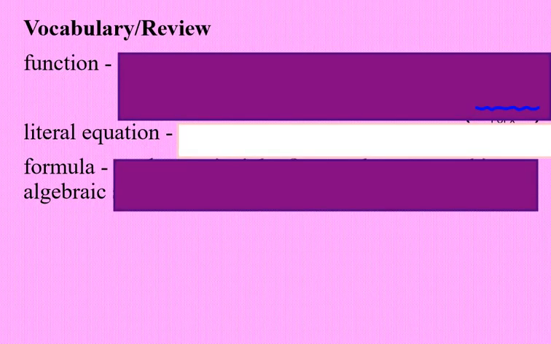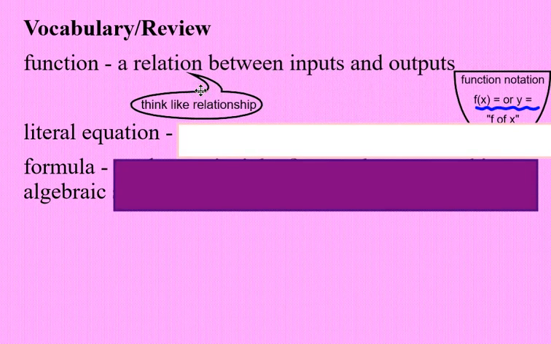First, some vocabulary review. A function is a relationship between inputs and outputs where each input has exactly one output. Remember, it's a special type of relationship. And function notation is written like over here, f of x or y equals.